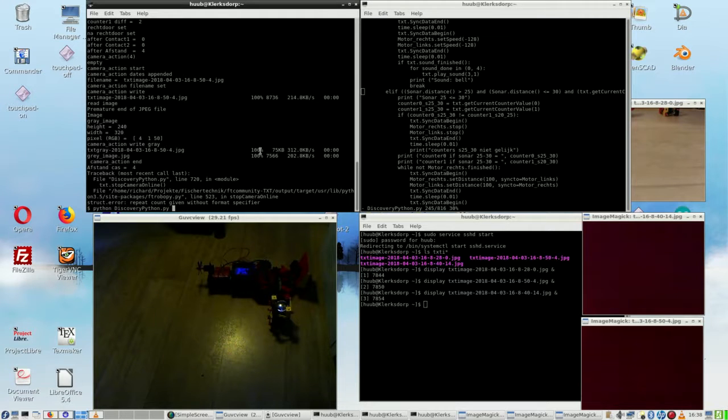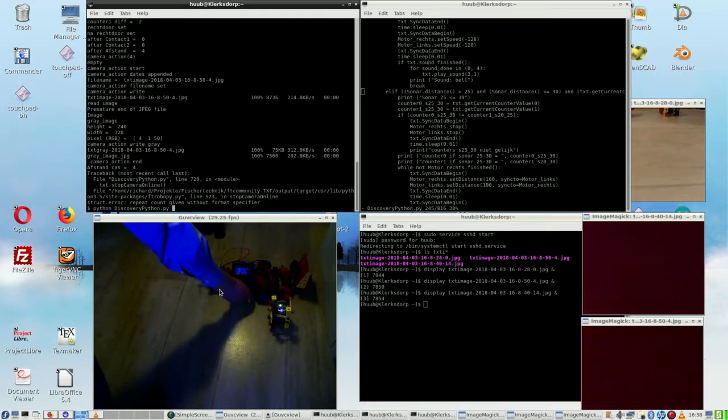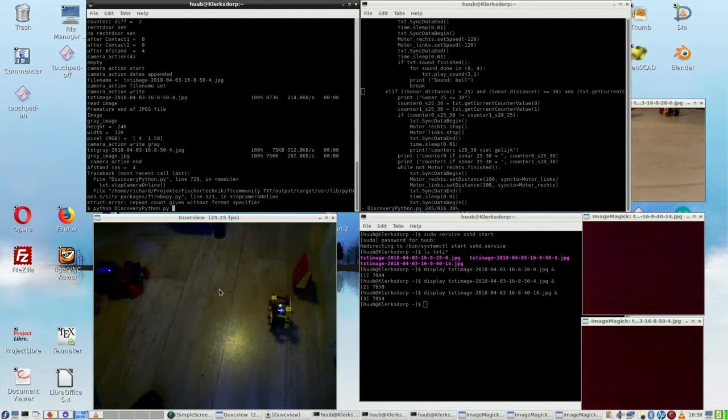So, ready to roll, but I first have to set a distance. Somewhere here. Of course I have to put this one back in place, kind of in the middle. This is more like it.